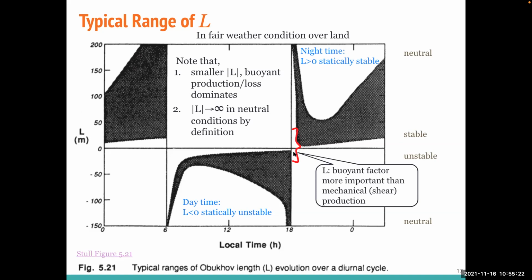But if it's closer to the small values in here, it's buoyancy dominated. At nighttime, it's also going to a smaller magnitude in here, because buoyancy is also dominating the situation, since you have a very stable situation at nighttime, right? So that's why you have a smaller magnitude of L.